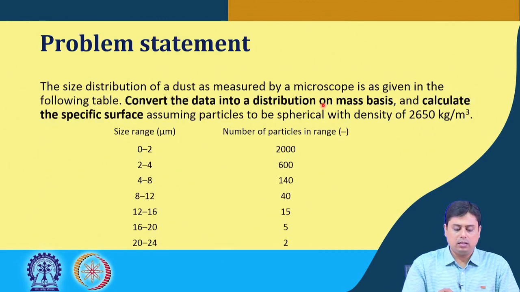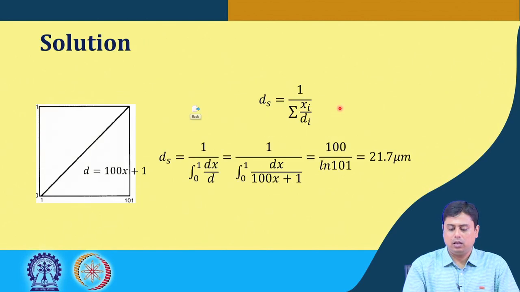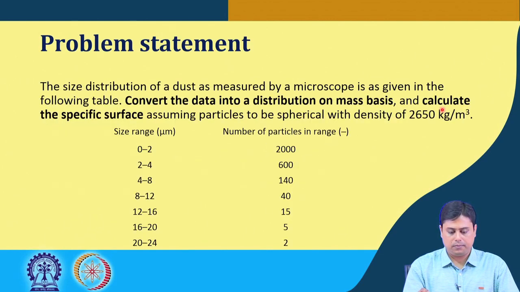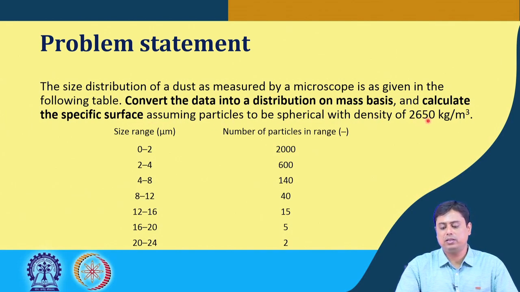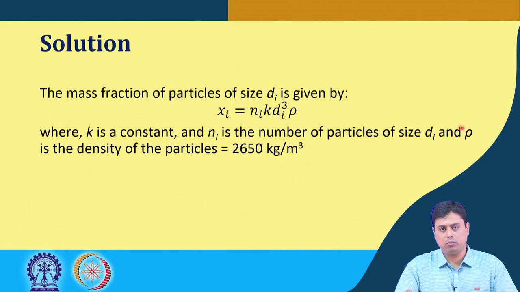Now, the question was to calculate the specific surface assuming particles to be spherical with density 2650 kg per meter cube.